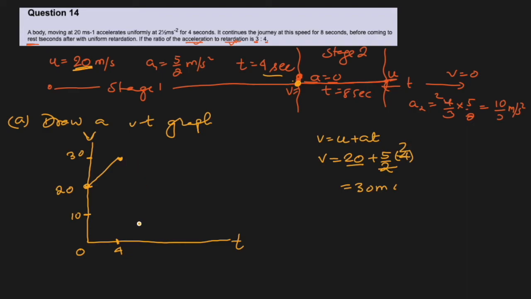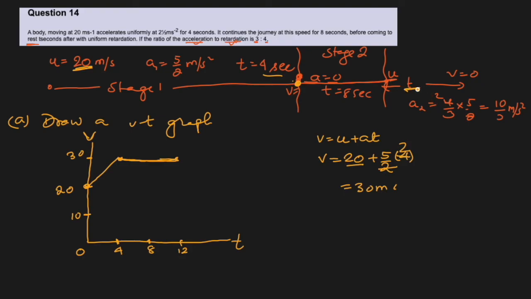Now this is maintained for the next 8 seconds. 4, 8, and 12. So 4 to 12 is 8 seconds, right? So till 12 it maintains 30 meters per second, a horizontal line. And then there are t seconds.